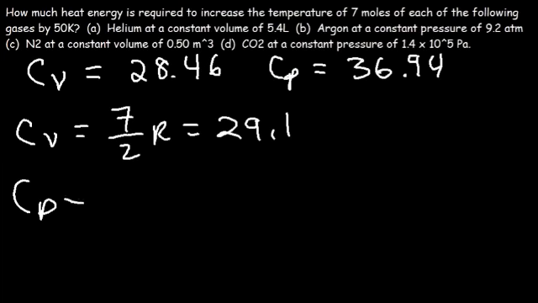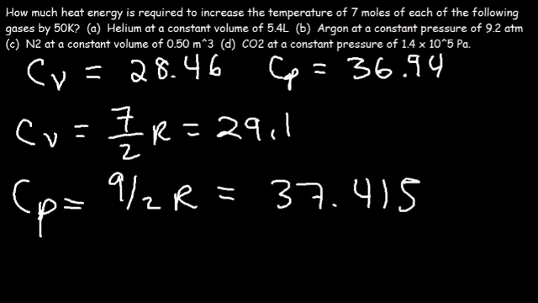Now for Cp, it's approximately 9/2 times R. This will give you 37.415. So it's not exactly the same, but it's still close enough.